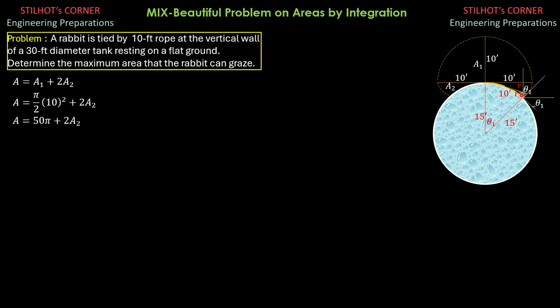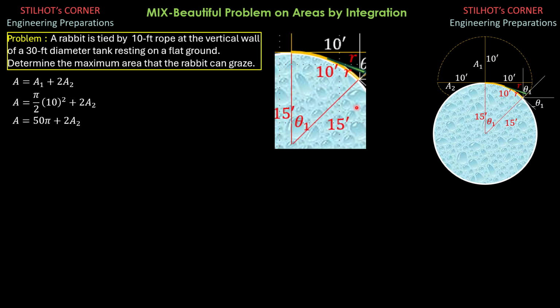I'll consider this part. There is already a differential element, which is a sector of radius r. This is the enlarged figure of this portion here. I draw a line from the center of the tank to the last point of tangency of the rope at any position of the rabbit. That is also theta, and the radius is 15.